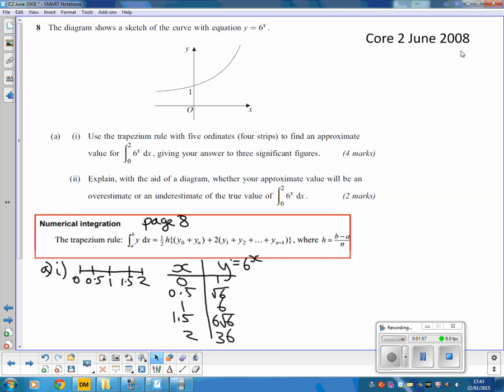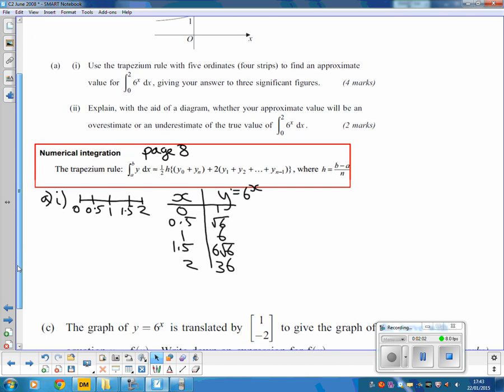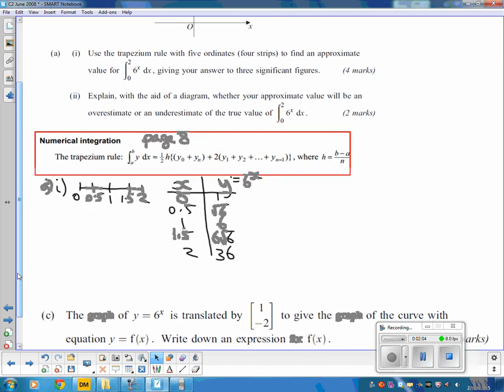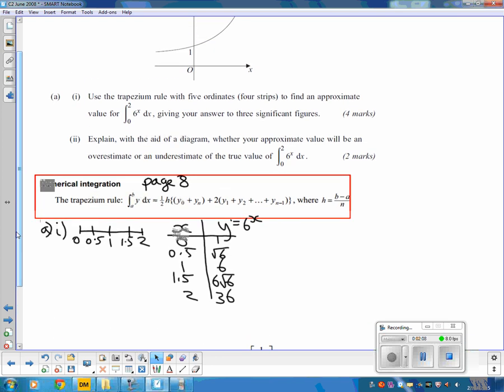Right, once I've done that, I'm going to use the trapezium rule. Okay, so what does the trapezium rule tell me? So the trapezium rule tells me that the integral is approximately a half times h, so h is the same as the step size, it's what your x's are going up by, so 0.5, times, now y0 and yn means the first y and the last y.